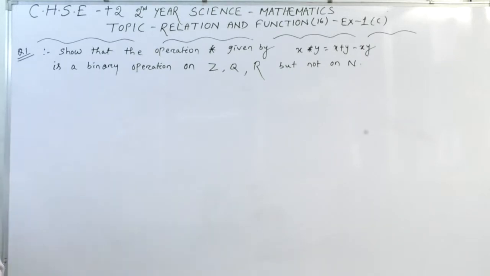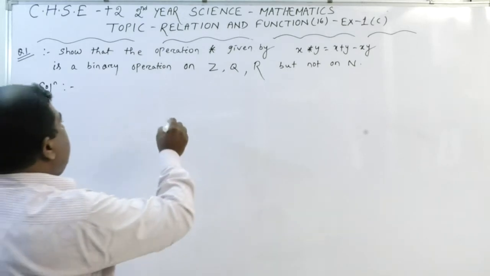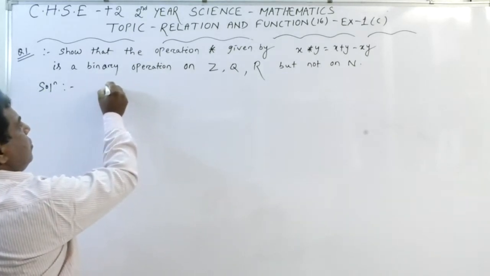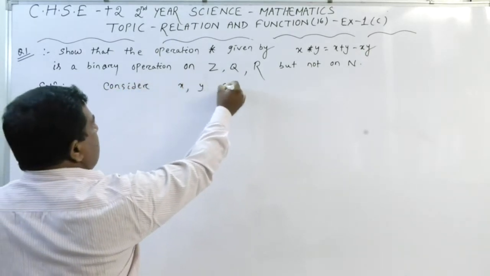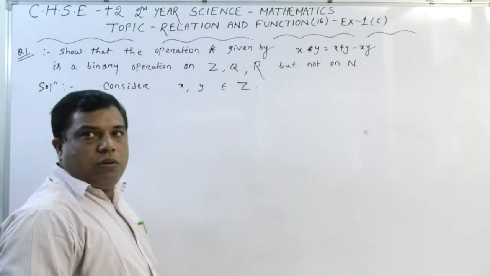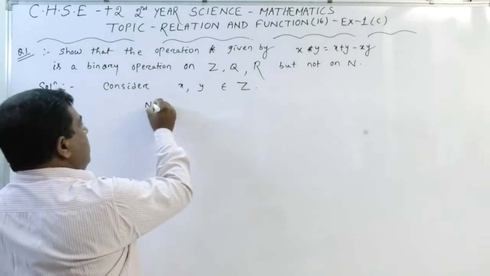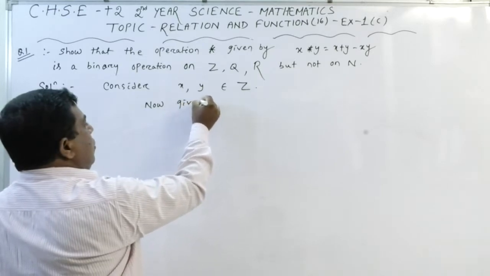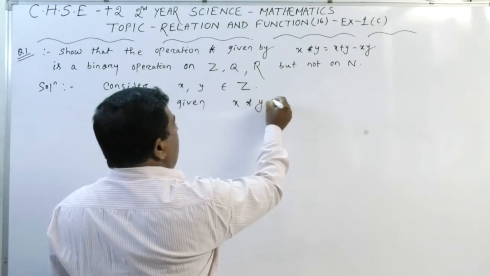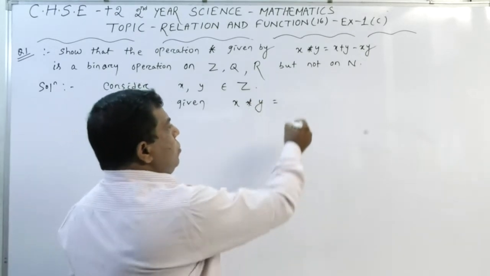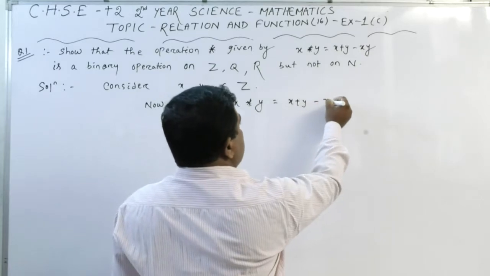Consider x and y. First of all we are taking them on Z. Given x star y, that is x operation y, is equal to x plus y minus xy.